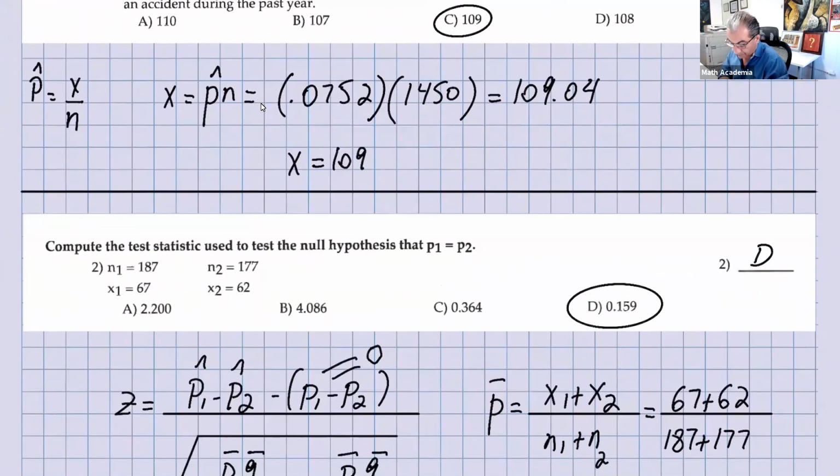Number two, compute the test statistics used to test the null hypothesis P1 equals P2. So x1 is given, n1 is given, x2 is given, and n2 is given.